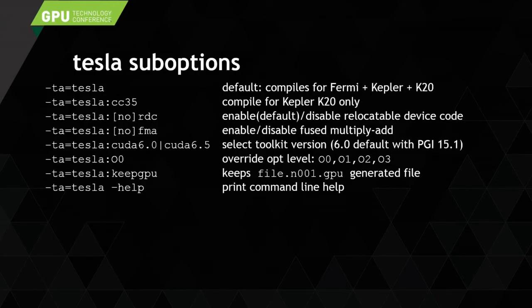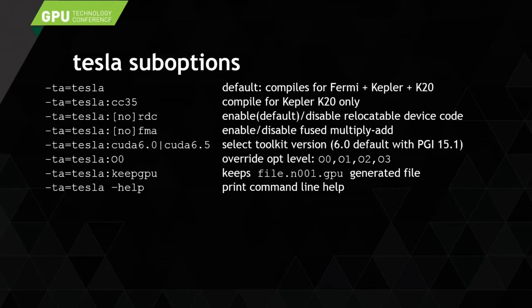You can have sub-options to the Tesla option to the -ta flag. Some of the more useful ones: you can specify compute capability. So the default compute capability, if you say nvcc, is still SM10, which is good luck finding one of those. We don't even support SM10. We've given up on that one.